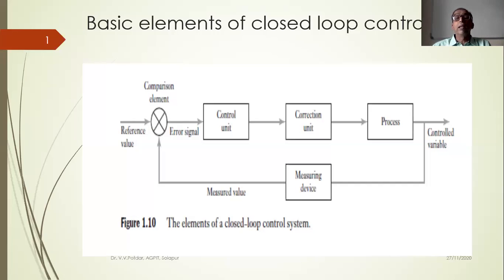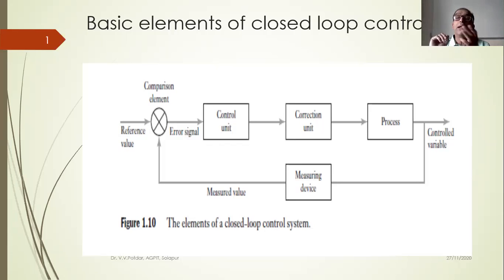Now, if it is a robotic arm driven by a DC motor, then the actuating element or the correction element would be the motor, which will rotate further, and the position of the gripper will change, or if the arm position is controlled by a DC motor, then that arm position is altered as per the requirement of the process of the system. Accordingly, the process modifications are done, and then the control variable is on the right hand side. That is our desired output.